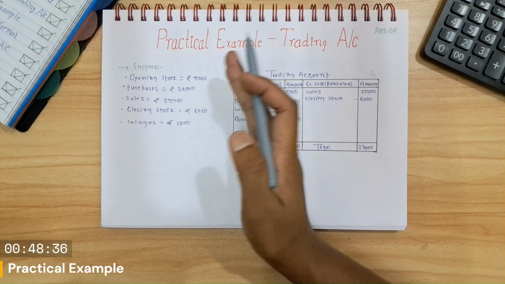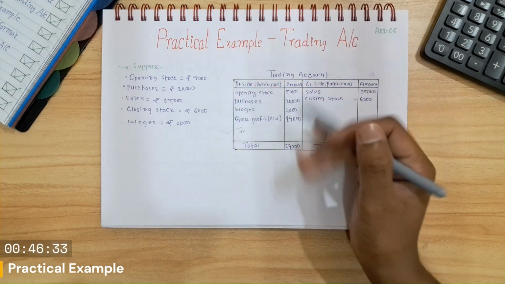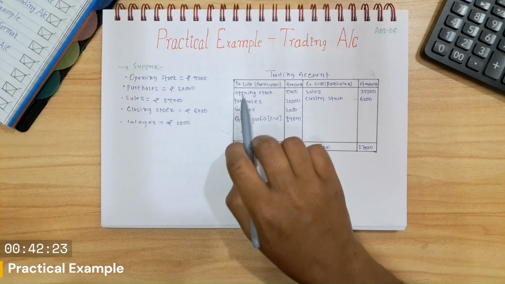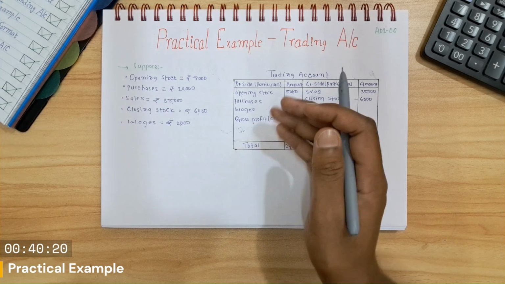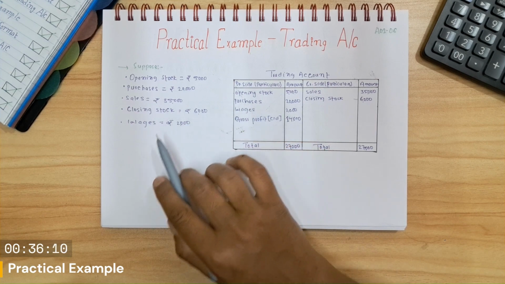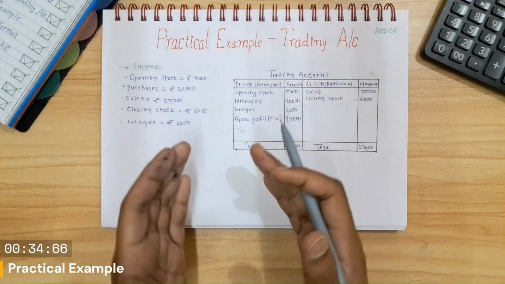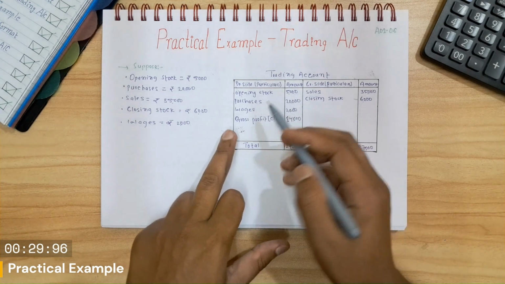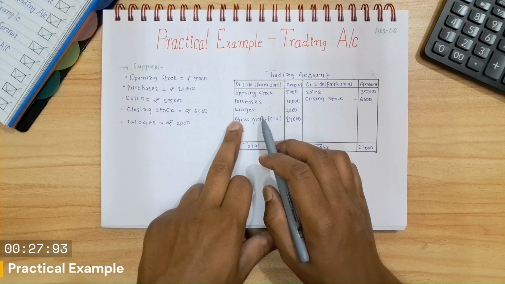Here this is the debit side and this is the credit side of the trading account. Opening stock is included on the debit side. Then purchases, and wages, which are direct expenses related to buying and selling of goods, that's why we have debited them.